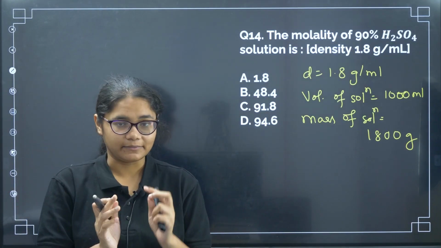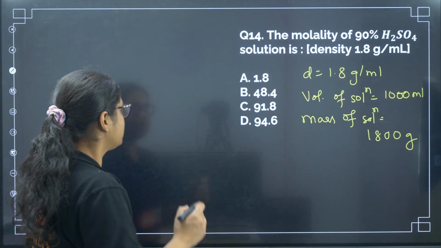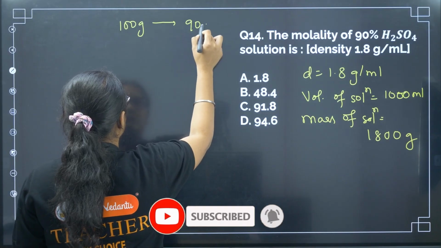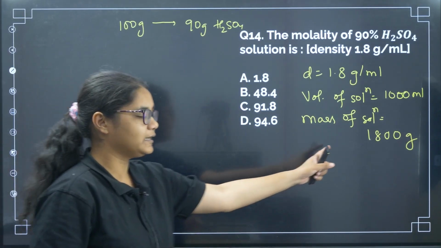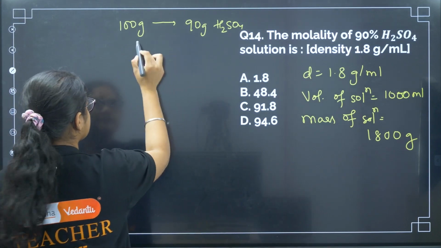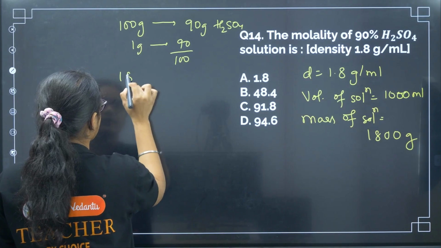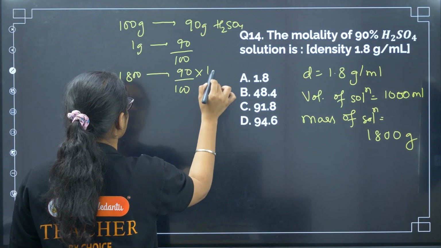Now 90% means for every 100 gram, the mass of the solute will be 90 gram. If you take 100 gram of the solution, there will be 90 gram of H2SO4. But we don't have 100 gram, we have 1800 gram. If 100 gram contains 90 gram, then 1 gram will contain 90 by 100 and 1800 gram will contain 90 by 100 into 1800.